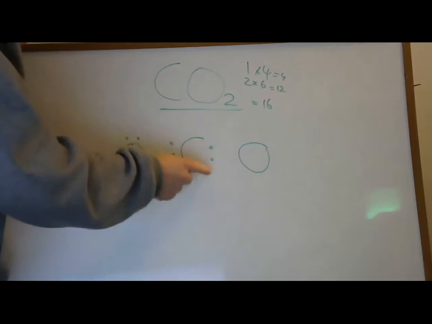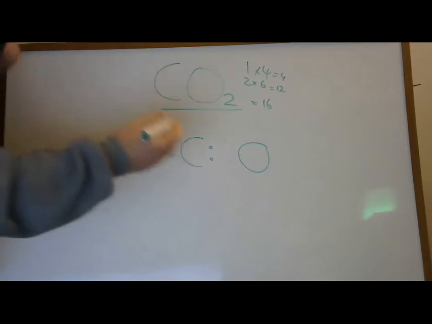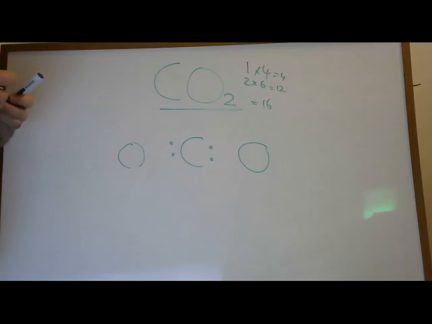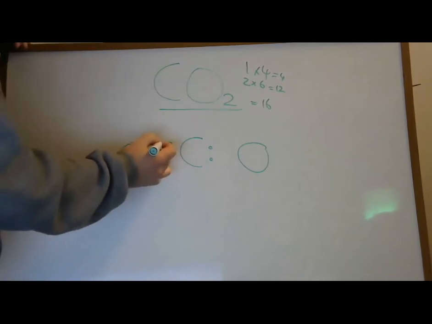So we know that carbon and the oxygen, and the carbon and the oxygen, can share 1 pair of bonding electrons. With oxygen, you typically get, they share a double bond.